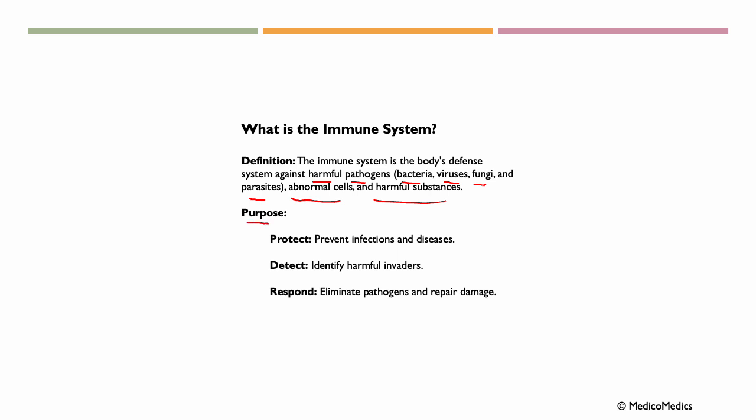Now, what's the purpose of the immune system? Well, first of all, to protect, meaning to prevent infections and diseases. Second, to detect, meaning identify harmful invaders. And finally, to respond, meaning to eliminate pathogens and repair damage.